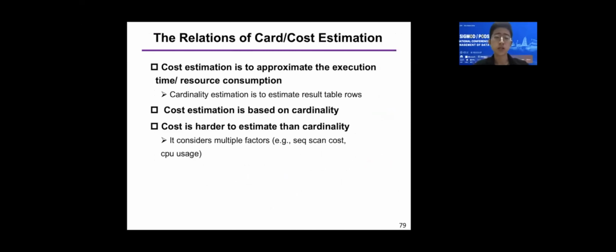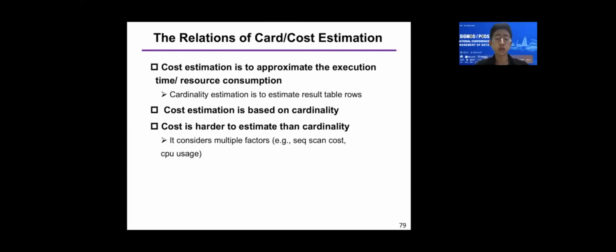Another important problem is cost estimation. So what's the difference from cardinality estimation? First, cost estimation is to approximate the execution time or resource consumption, whereas cardinality only talks about the result size. And the cost estimation is also based on cardinality in the traditional database optimizers.